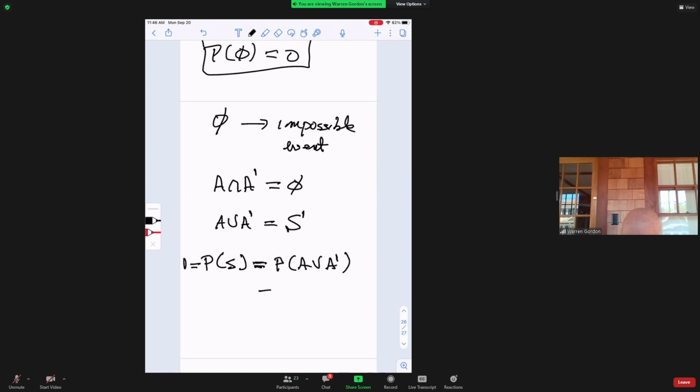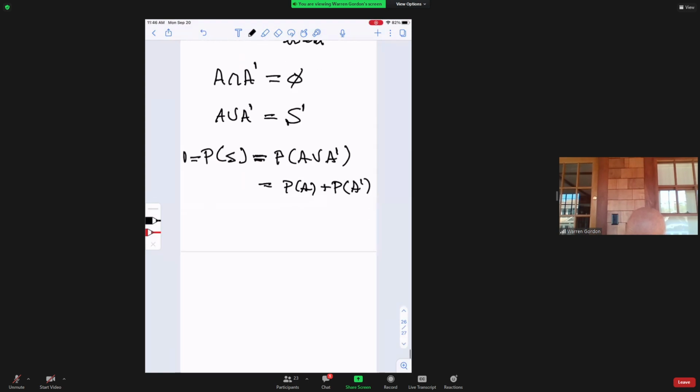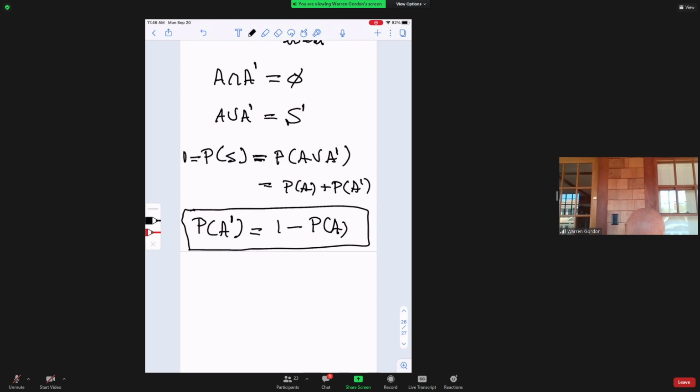Now, since A union A complement is disjoint, from the above axiom this is equal to P of A plus P of A complement. So we've just proven that the probability of the complement is 1 minus the probability of A. That's an interesting result.